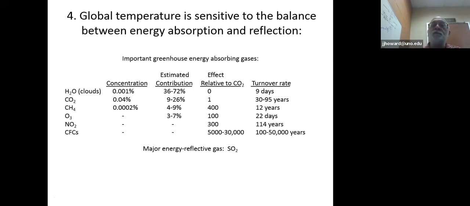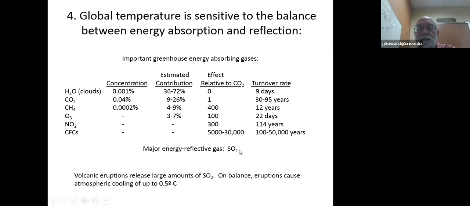So when Mount Pinatubo in the Philippines erupted some years ago, it put out so much sulfur dioxide that it cooled the Earth's temperature by about 0.5 degree. And that was pretty amazing. That spoke to exactly how powerful these gases are.